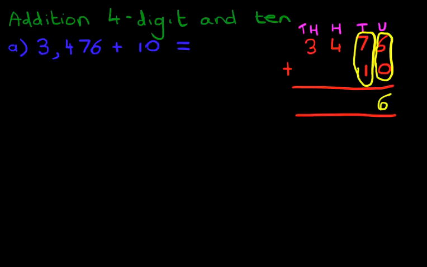Well, no need to work that out. 7 plus 1 is 8. The hundreds column, well, 4 plus nothing is 4. And the thousands column, 3 plus, there's nothing there, is 3. And we have our answer. 3,486.